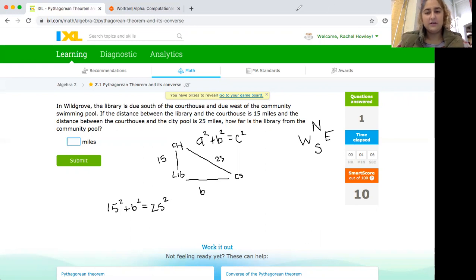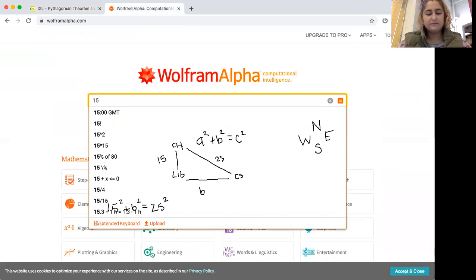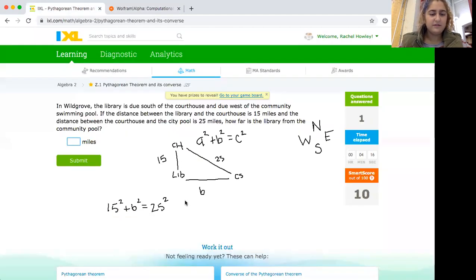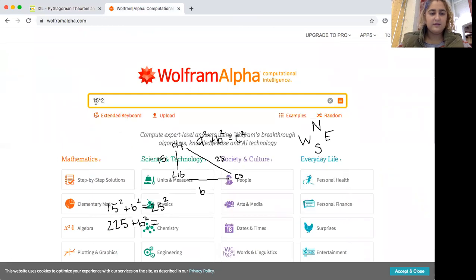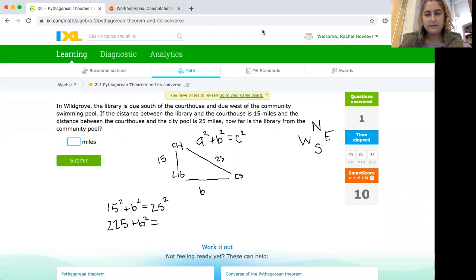So again, if I need a calculator, totally okay. I pull up Wolfram Alpha or my phone. So 15 squared is 225. And I like showing you in case we don't know where I get the numbers from. And 25 squared is 625. So we need to get b alone.